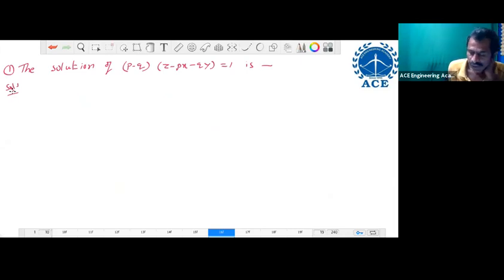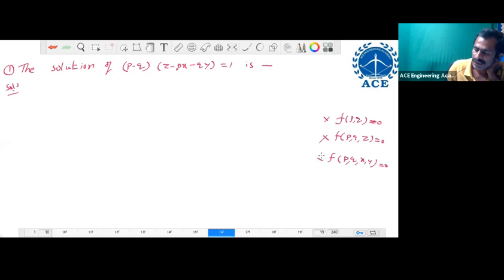It is not containing only p and q, so it is not this type. In this we have x and y, so this is not in the form of p, q, z. Next, in this we have x, y, z also, so this is not in the form of p, q, x, y. So the equation is not in the form of any one of these.